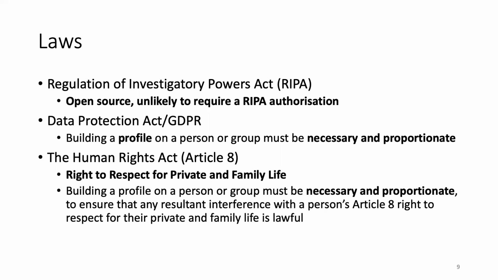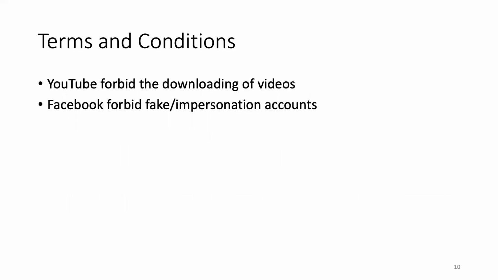The Human Rights Act says that it needs to be necessary and proportionate. On top of that, you've got terms and conditions. YouTube says we forbid the downloading of videos. Facebook says that they forbid fake or impersonation accounts. And sometimes getting information when you haven't got an account is not possible, so having a fake or impersonation account perhaps turns into the covert sometimes.